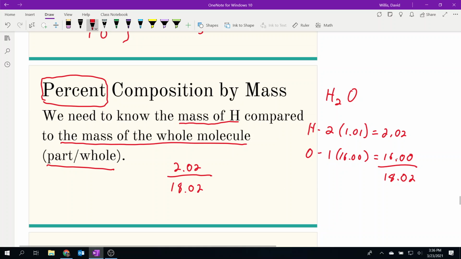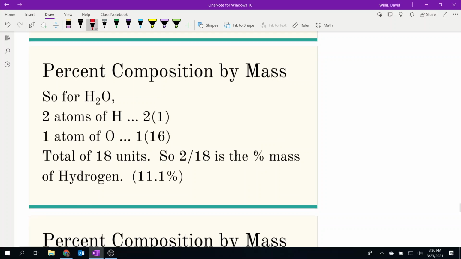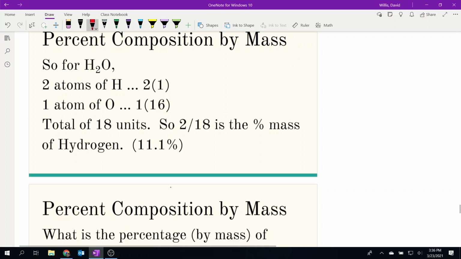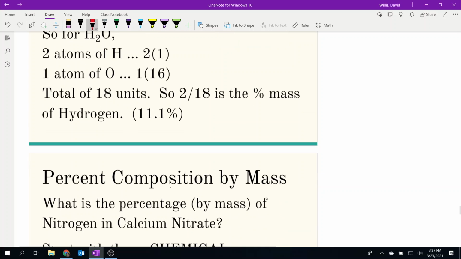All right, so let's scroll down and see if that matches up. Sure enough, they did not use the exact value from the periodic table as I've asked you all to do. But 2 times 1 is 2, 1 times 16 is 16, and so 2 out of 18, sure enough, right there around 11%. All right, so that is percent composition by mass.